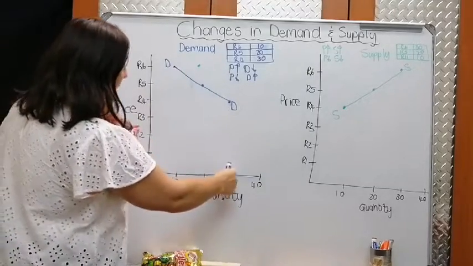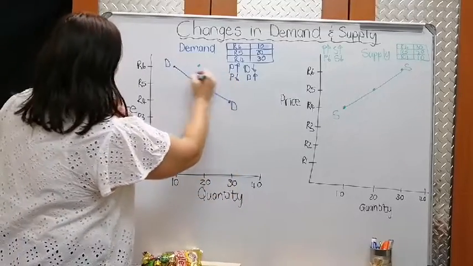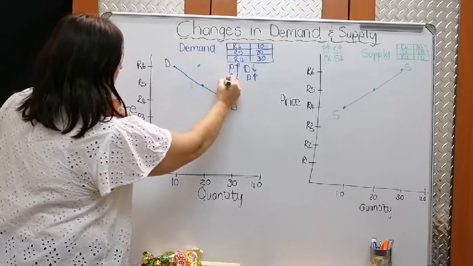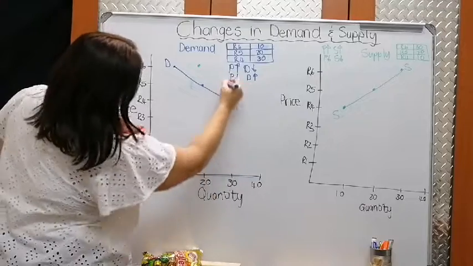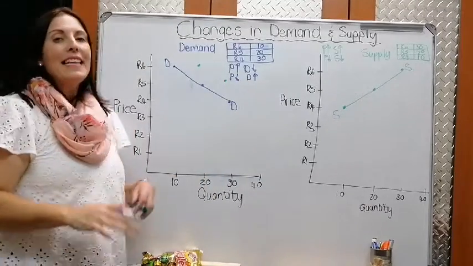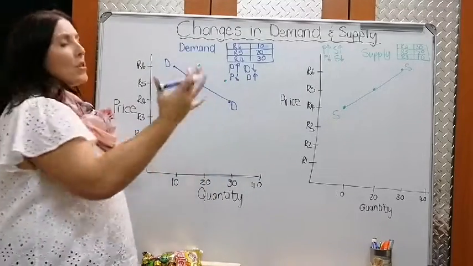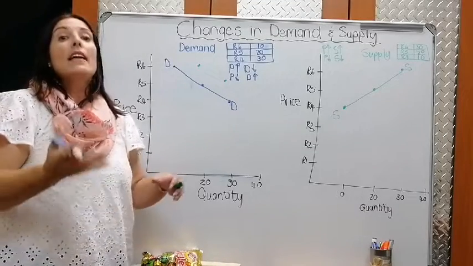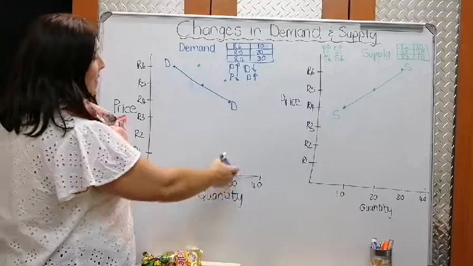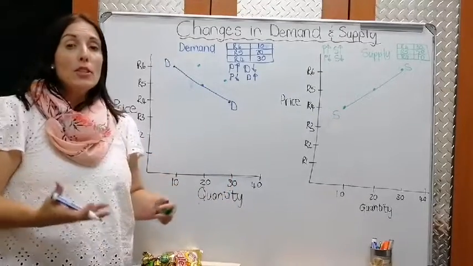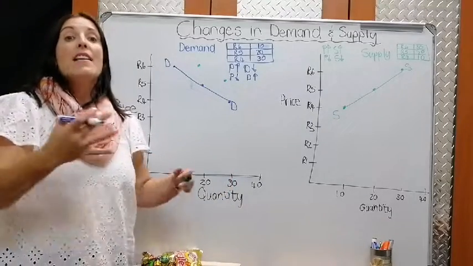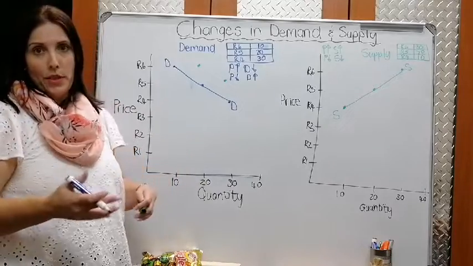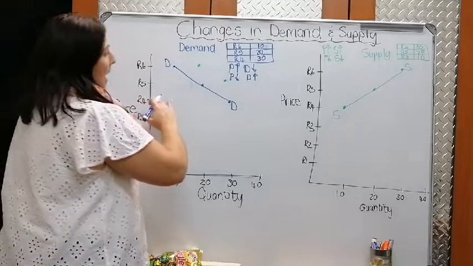So what happens if we go up and it's more or less over here? Right, and let's say the price was R4. If more students had more pocket money, then where it was previously 30 students demanding Twiggles at R4 a packet, now there might be 40 students demanding Twiggles at R4.